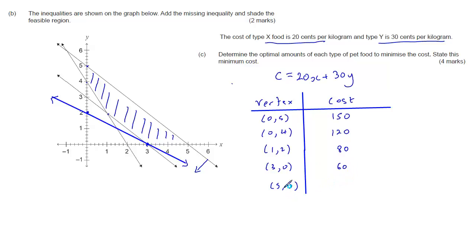And this one will give me 100 cents or $1. So the minimum is this one here. So x equals 3 and y equals 0. And the cost is then 60 cents.